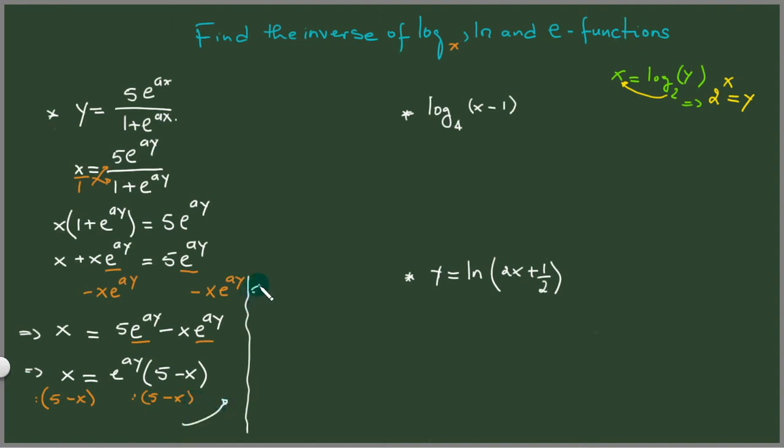Okay, that's going to give us x over 5 minus x equals e to the y.